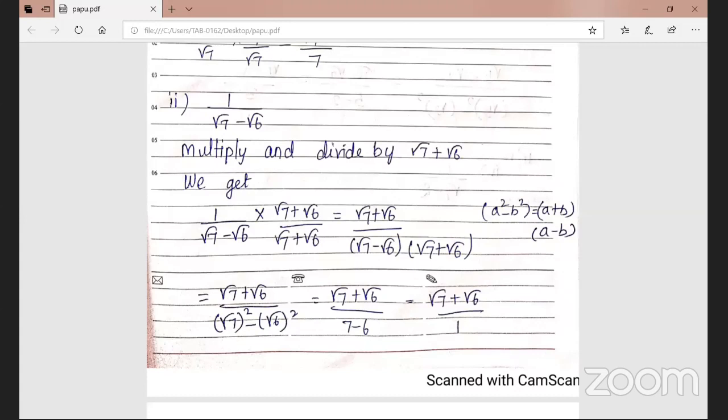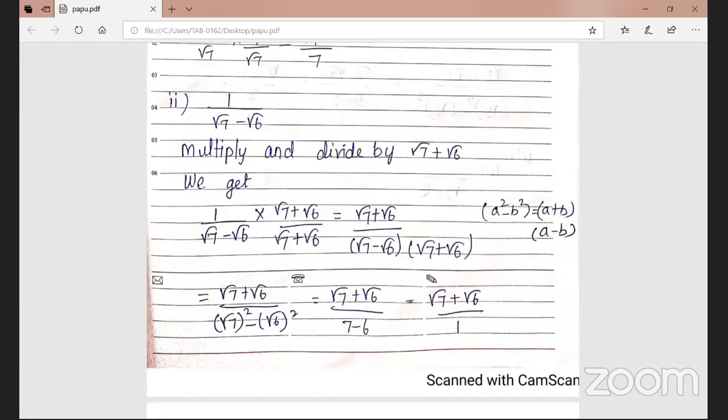Because then only we'll get the answer 1, or say we remove the root, so we multiply the same number. Okay, Sadhana?